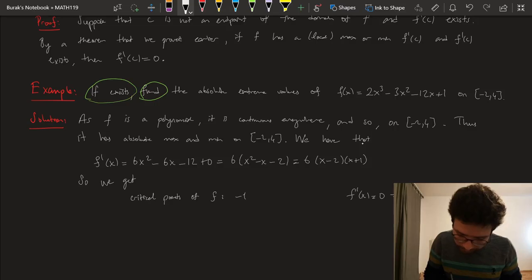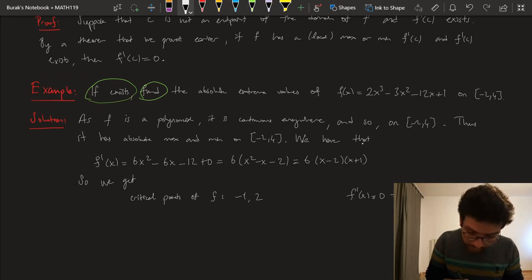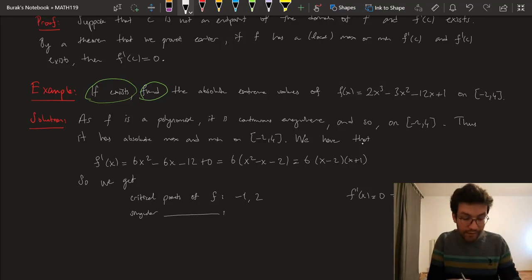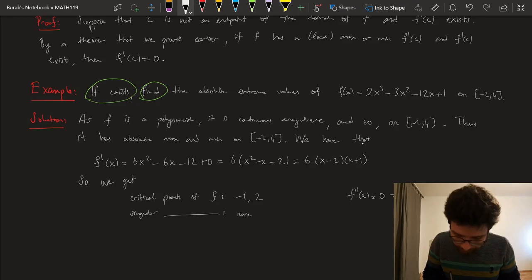So I have two candidate points. Now, there are no singular points of f, because the derivative of f is also a polynomial, which is defined everywhere. So there are none.